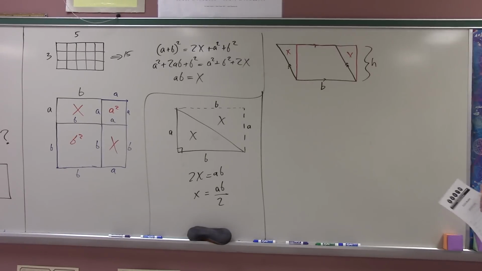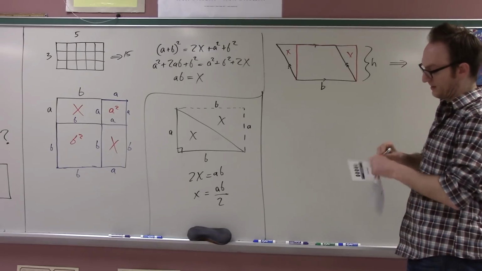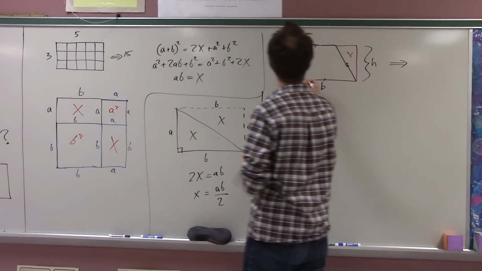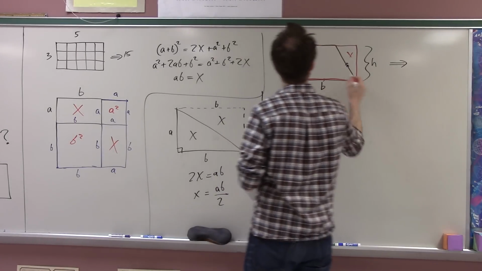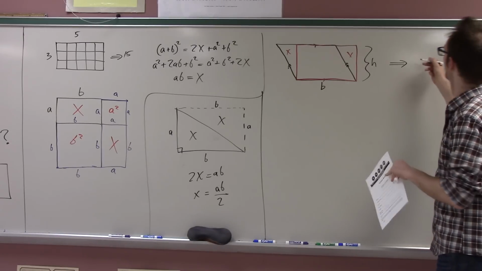And so the area of this parallelogram is in fact just the same as the area of this rectangle, and the area of this rectangle is b times h. So the area of this parallelogram is bh.